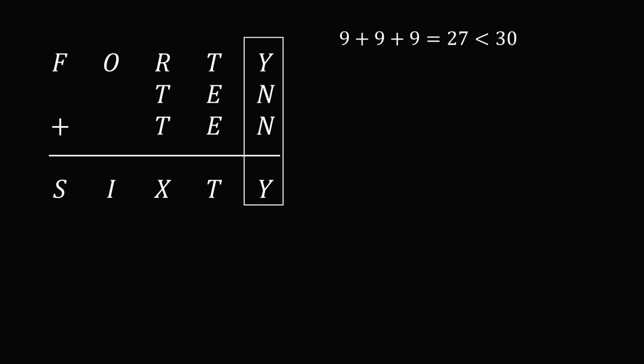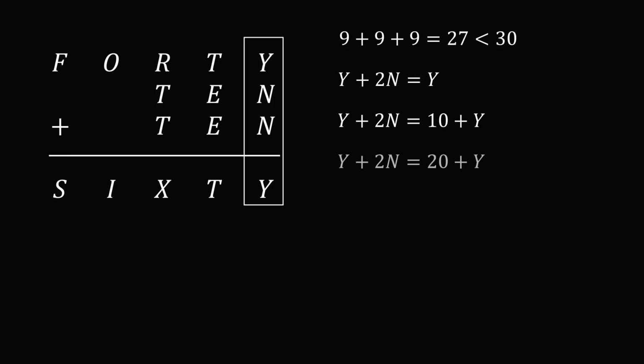So when we add 3 numbers, we know the smallest we're going to get is 0, and the largest we're going to get is 27. So the sum of y plus n plus n is y plus 2n, and we know this ends in a digit y. So we have 3 possibilities: y plus 2n is equal to y, or y plus 2n is equal to 10 plus y, or y plus 2n is equal to 20 plus y.